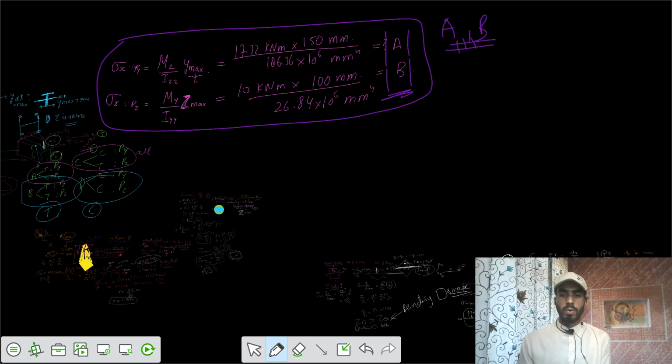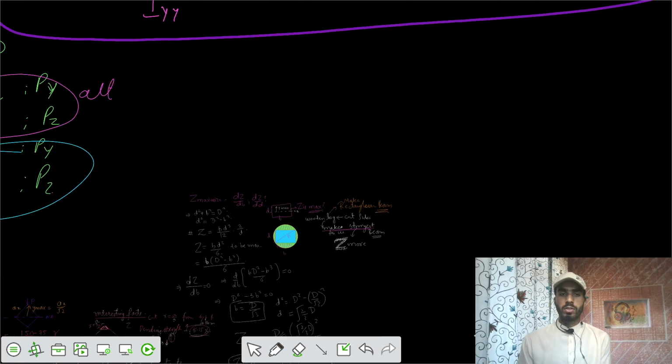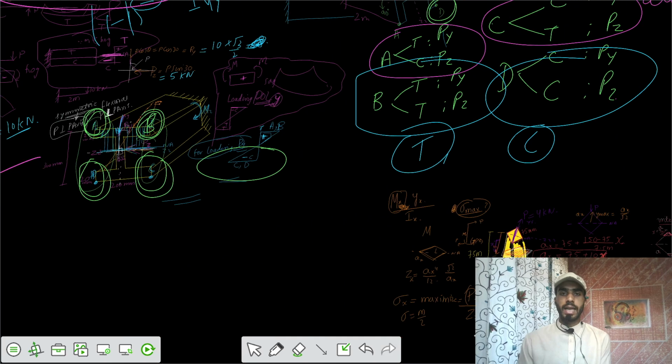Now, if you want to know the value of overall bending stress in x at the corner point A, what's the bending stress? We write that because of loading P, you got a stress value of A, and that's positive.